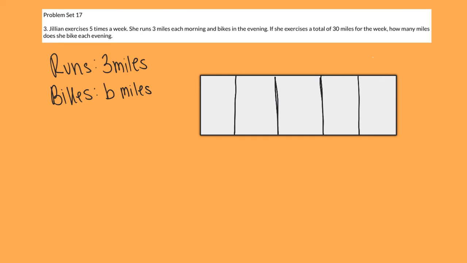Great. So now each box is going to represent the 5 days that she exercises a week. So I have day 1, day 2, day 3, day 4, and day 5.